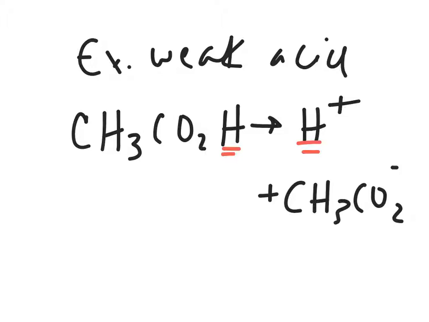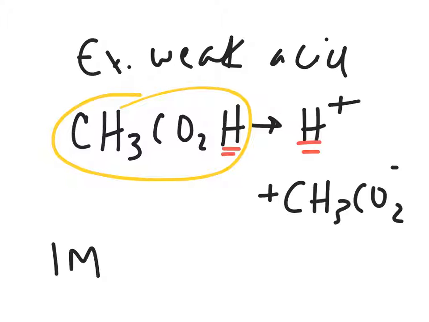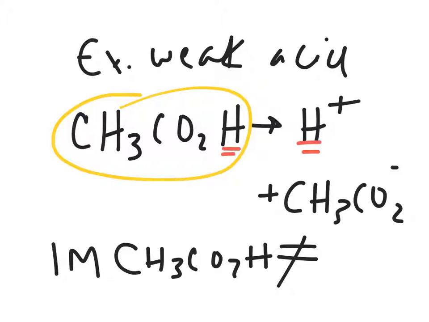That's acetate. But what we know is that most of the molecules stay together. So even if we had, for example, a 1 molar solution of acetic acid, that does not equal a 1 molar solution of H plus that gets produced, because not all of these H pluses here have been released.